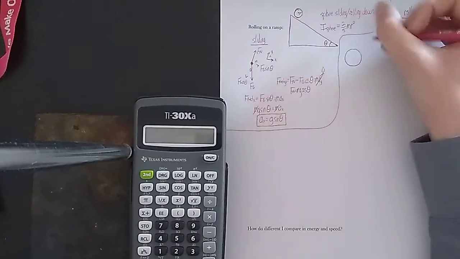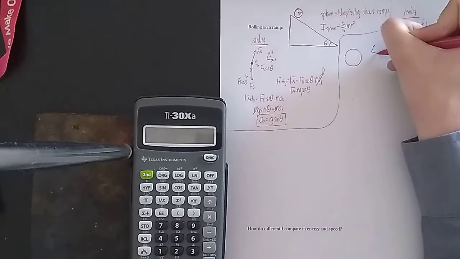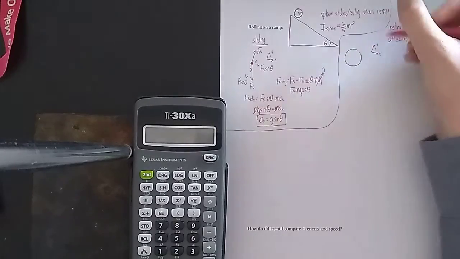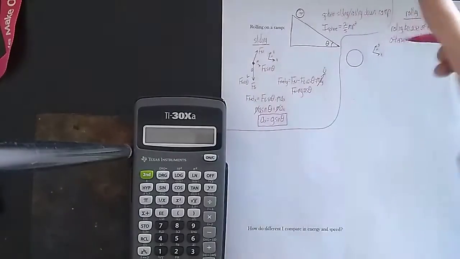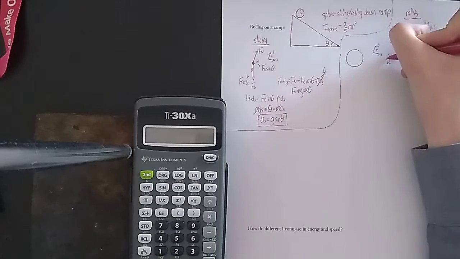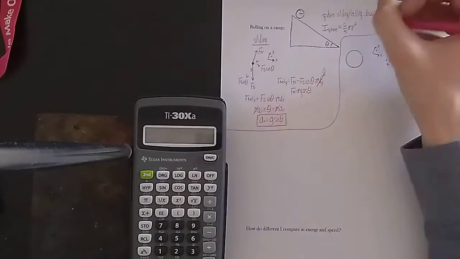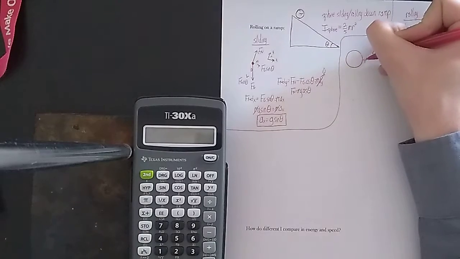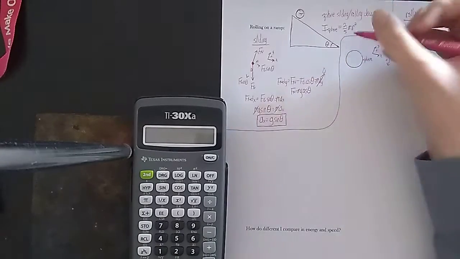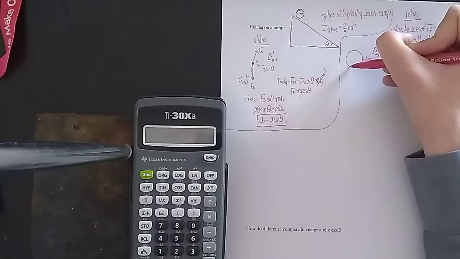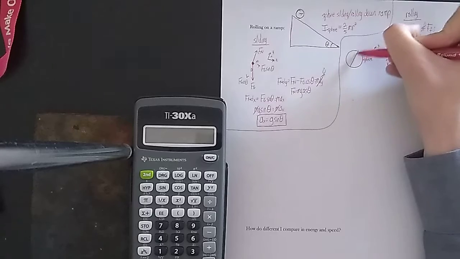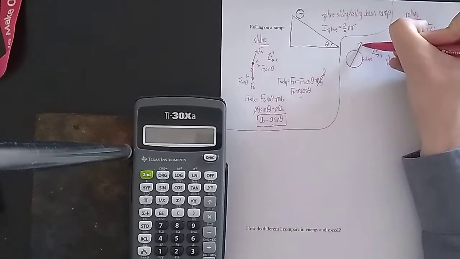Okay, we're still going to have our same axis. And since the sphere is rolling down this way, we're going to say that, again, the clockwise direction is positive. Now, the forces on our sphere. There is a normal force from the incline, from the ramp, points up in this direction.